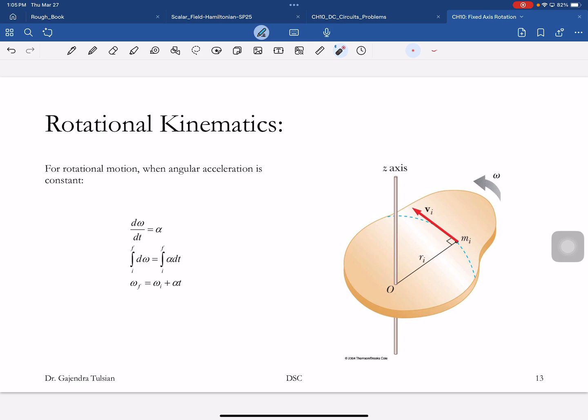Let's go toward that. I'm not going to derive this in full, but this is how the derivation goes. Alpha, the angular acceleration, is the time rate of change of angular velocity. You can integrate both sides, and we're dealing with constant acceleration. So this will be alpha dt, which is alpha times t final minus t initial.